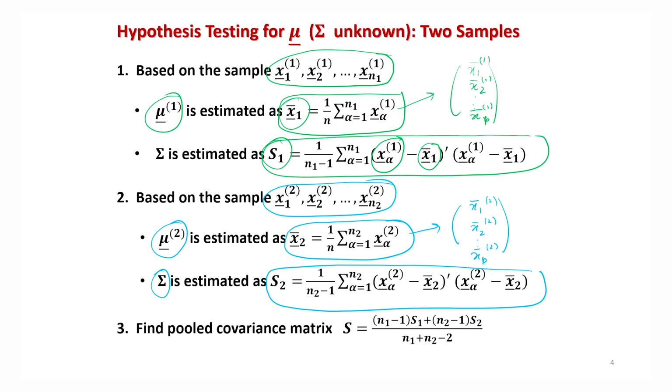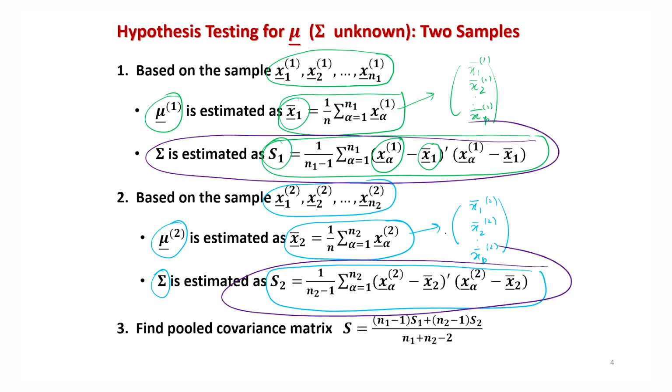Now based on the two estimates of the sample covariance matrix, S1 and S2, we try to find the pooled covariance matrix, indicated by capital S, which is n1 minus 1 S1 plus n2 minus 1 S2 divided by n1 plus n2 minus 2.